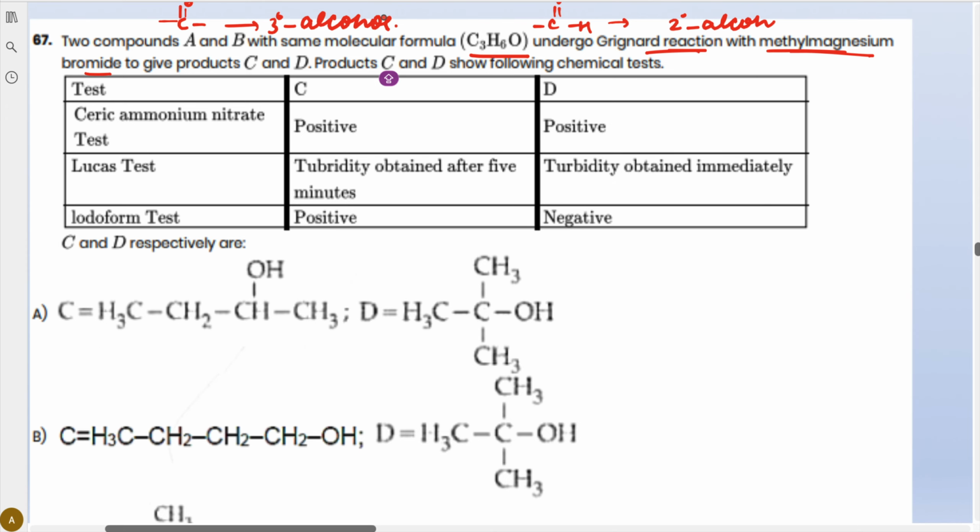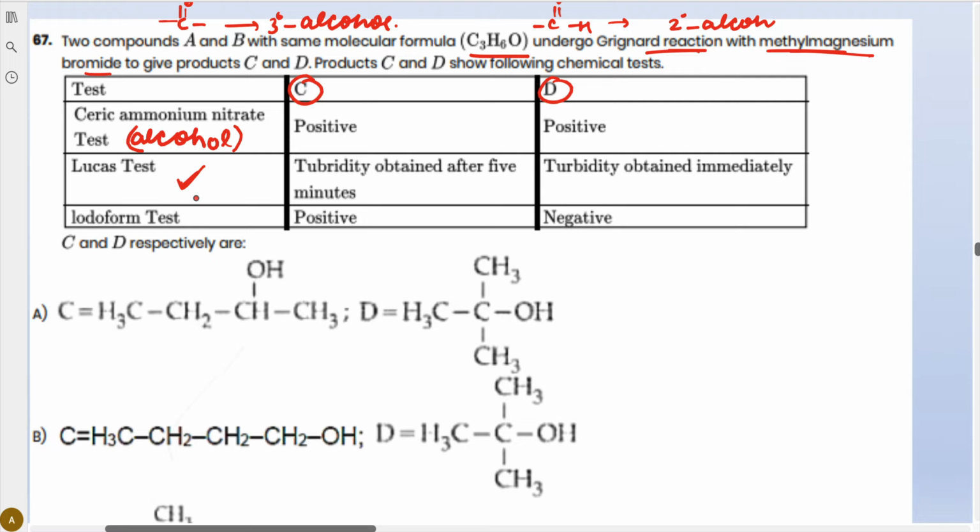Done. And the first test we do for C and D will be the ferric ammonium nitrate test. The ferric ammonium nitrate test is for alcohols. CAN test, ferric ammonium nitrate test for alcohols.